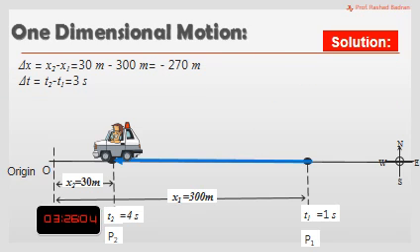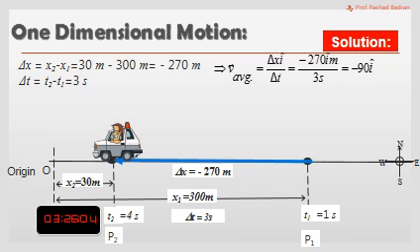In this example, we need to find the displacement, which is minus 270 as we subtract the final position 30 meters minus 300 meters. However, the time interval is 3 seconds as we subtract the final time 4 minus the initial time 1.